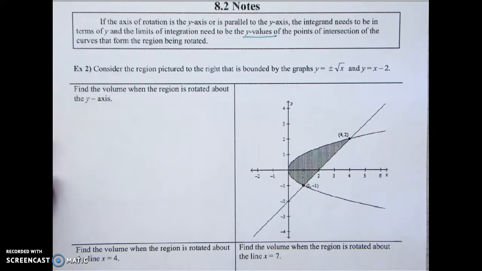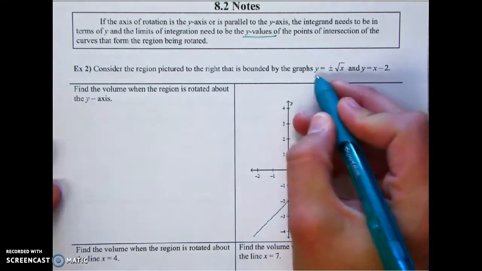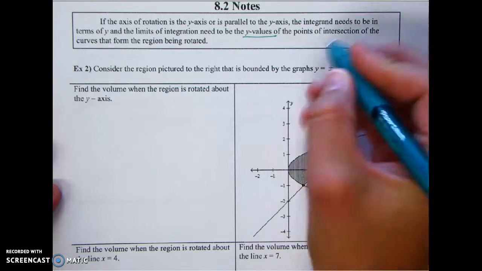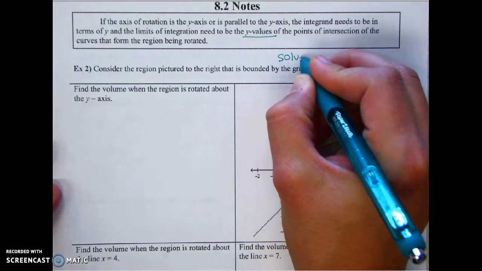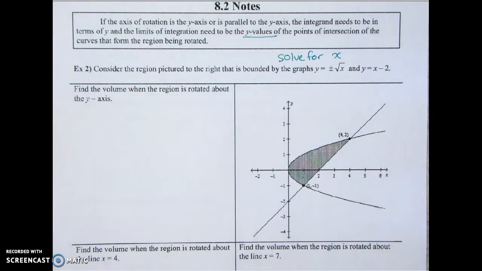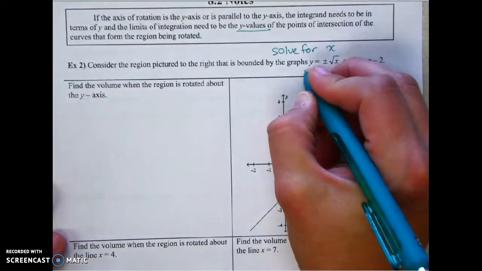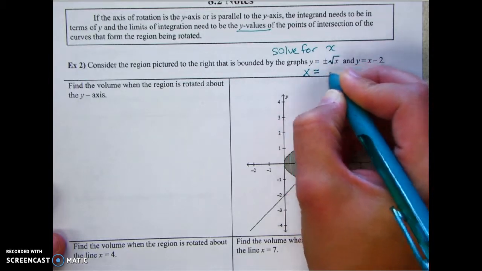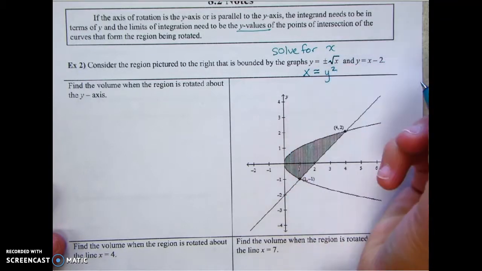Do you see how this says y equals plus or minus square root of x? We need to solve for x. How do you solve this for x? We want it to say x equals, well, what's the inverse of a square root? Square both sides. So x equals y squared.